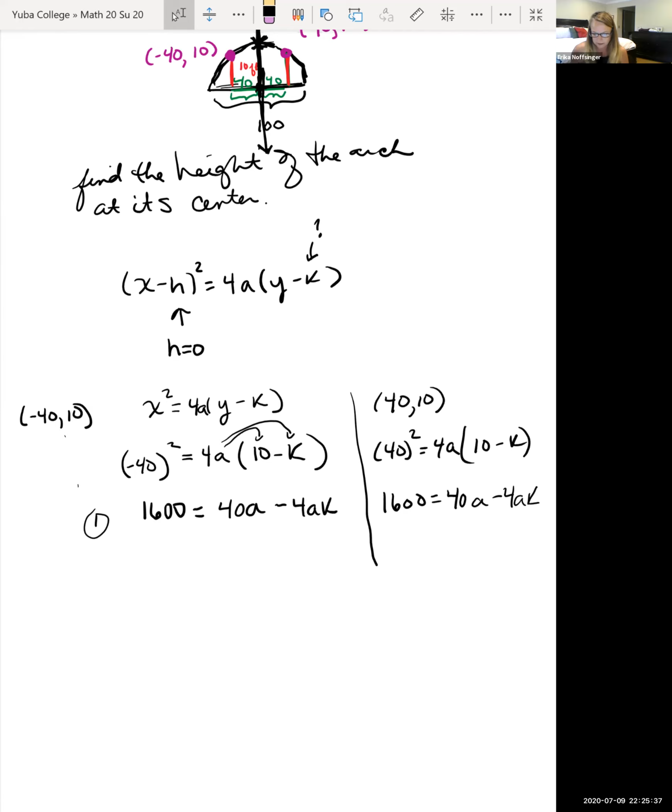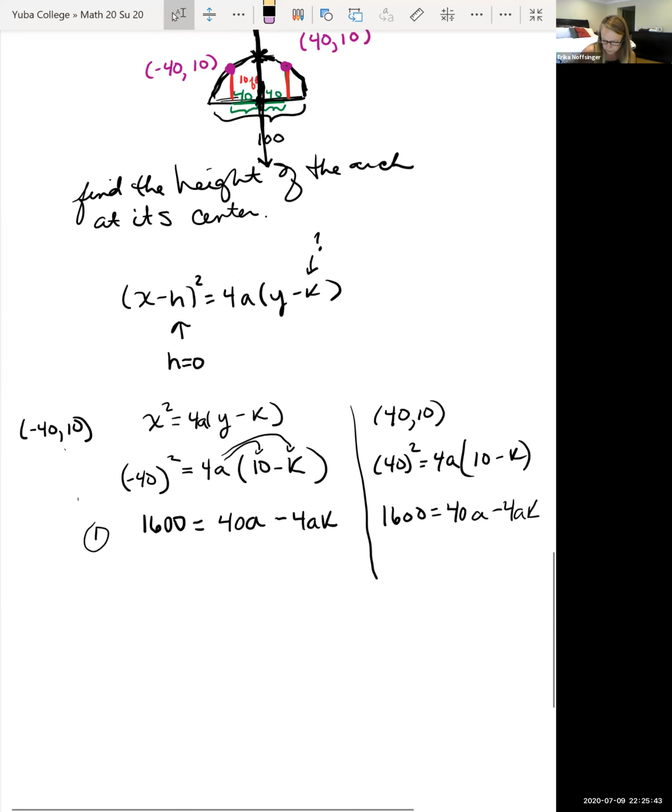Okay, let me think about this. Let me just go back. We should be able to do this. Basically, we have some equation, could be written in the form also because it's a parabola, y equals ax squared plus bx plus c, right?